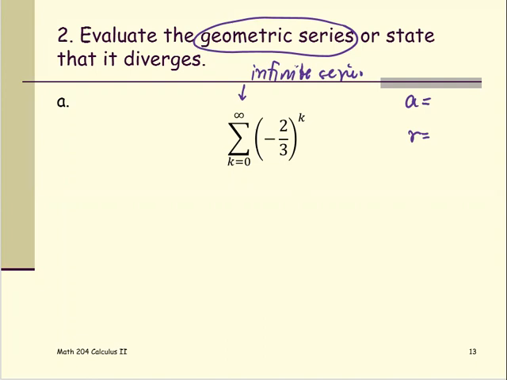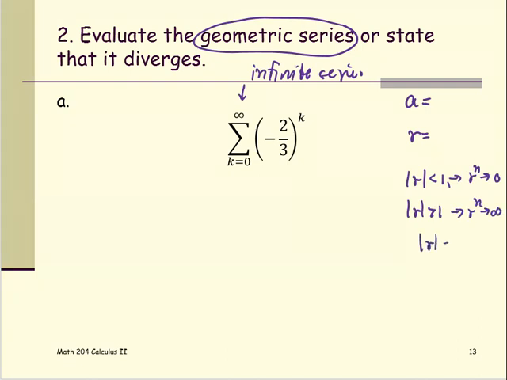And from the theorem, if the absolute value of r is less than 1, then r to the power n approaches 0. If the absolute value of r is greater than 1, then r to the power n approaches infinity.